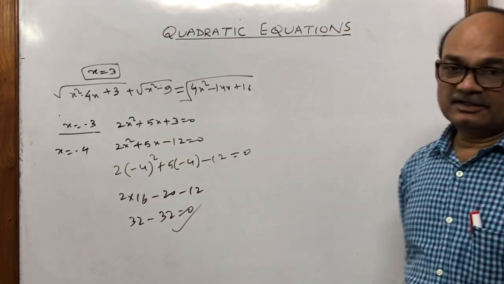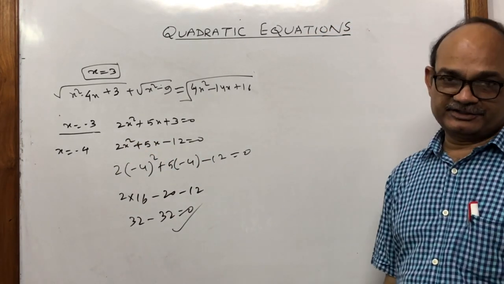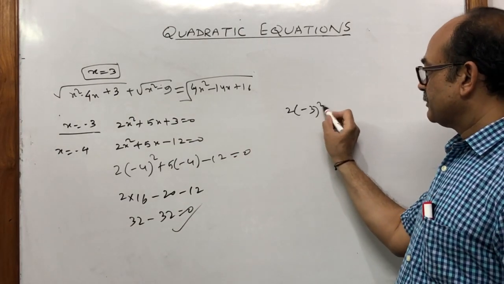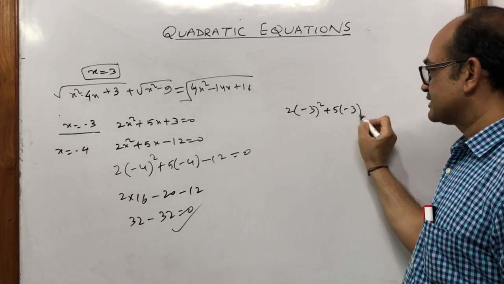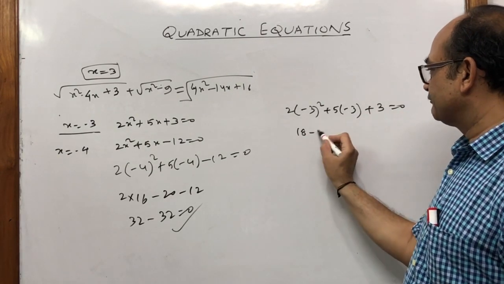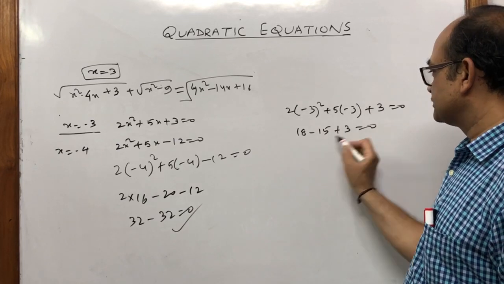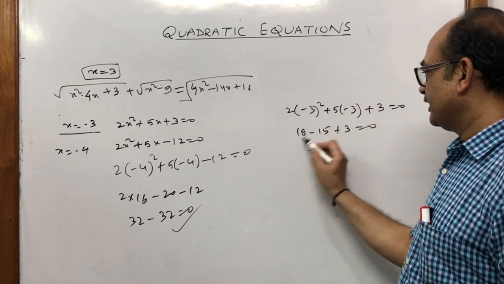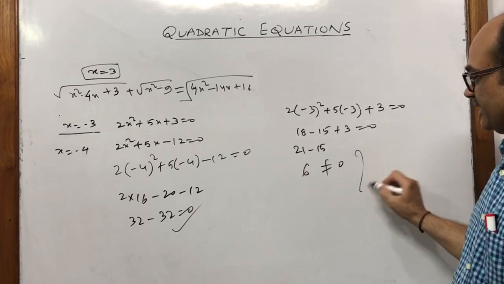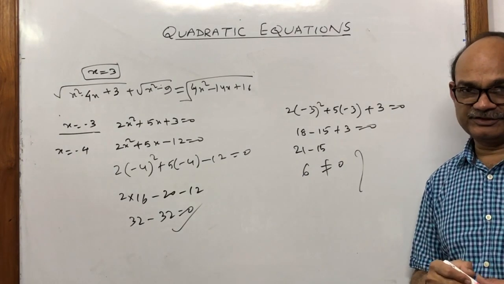Yes, it is the correct root of the given quadratic equation. Second part, put minus 3. 9, 2 into 9 is 18, 5 into 3 is 15 plus 3, so minus 15 and 21, that is 6, not equal to 0. Hence it is not a root.